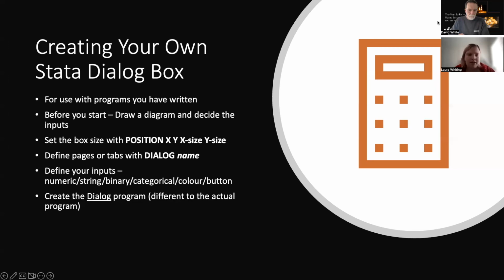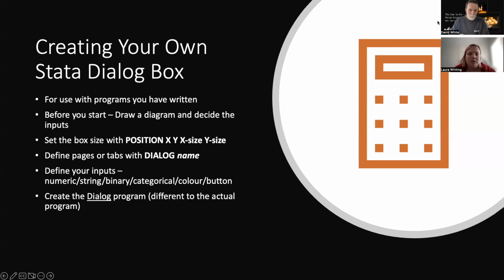I usually use Stata's do file editor because that's the easiest. You code out and position and size the box and create all of the inputs. When someone runs that dialog box in Stata, they can make the selections and click OK, and behind the scenes it will build and run the command that you've written. You can then attach this to your own menu.